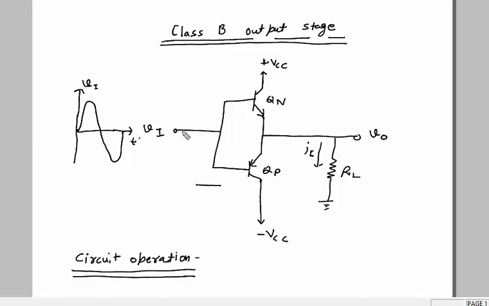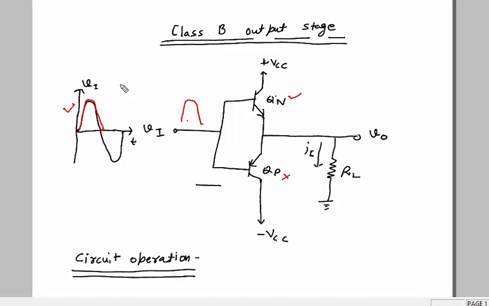Now when the input is positive, what will happen? This class B amplifier is not biased, so it is getting switched on and off only by the input signal. When we get a positive signal, QN will be on and QP will be off.